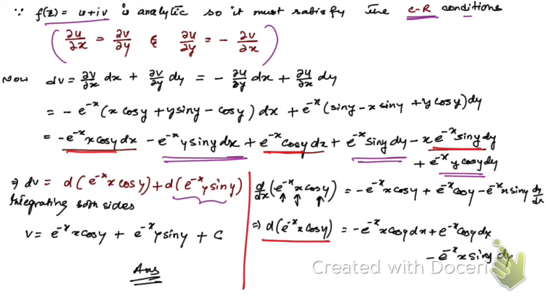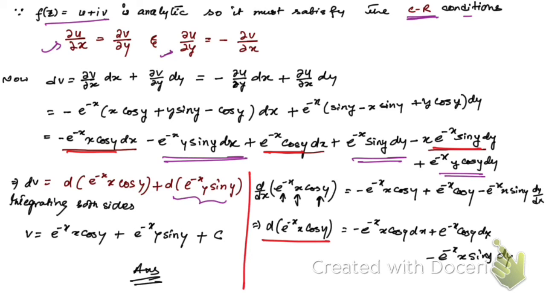So these are the conditions, right? And the complete differential of v, dv, is given by this, and can be written this way. And here you see, as we need to find v, and we know the results of del u by del x and del u by del y.